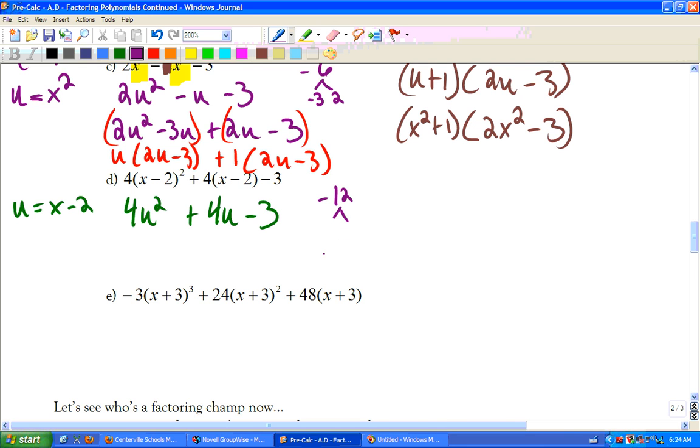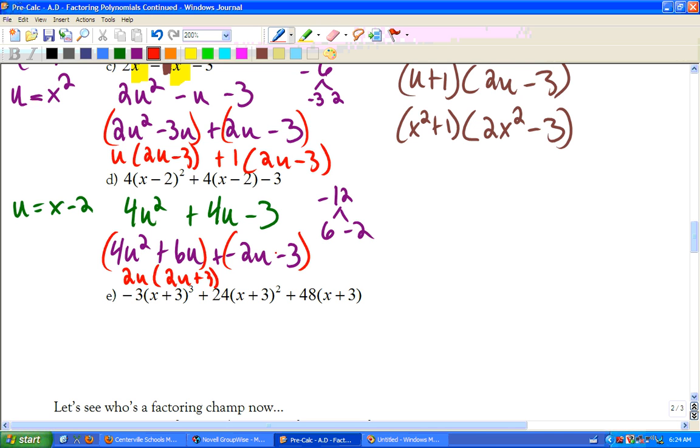Factors of negative 12 that add together to give you positive 4 are positive 6 and negative 2, which makes this 4u squared plus 6u plus a negative 2u minus 3. Group. 2u is common in the first two terms. You're left with 2u plus 3. Negative 1 is common amongst the next two terms. You're left with 2u plus 3. So your final factor is 2u minus 1 times 2u plus 3.